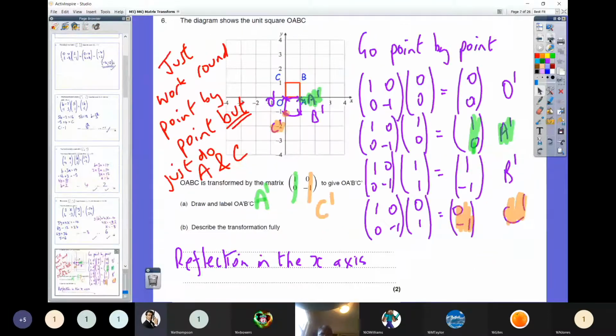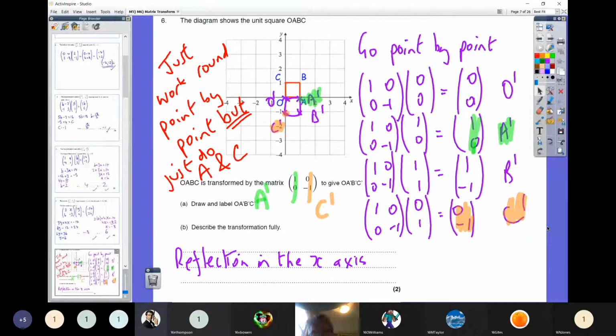Right, now question 6. This is the first time we're really coming across that unit square. So we're told that OABC is transformed by the matrix 1, 0, 0, -1. And where does it go to? When we plot it, they want us to call it O, A dash, B dash, C dash, because O never moves. So O and O dash are the same thing. So A dash is where the coordinate A moves to, B dash where B moves to, and so on.